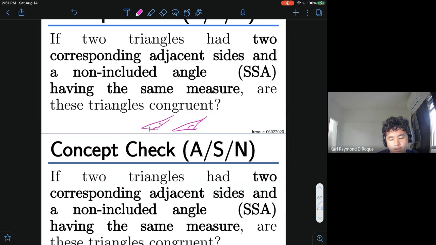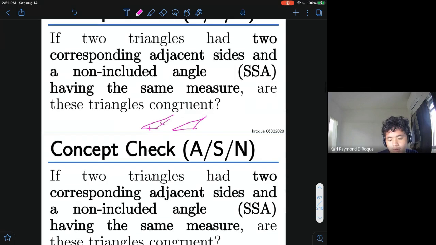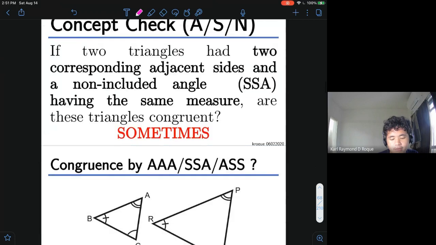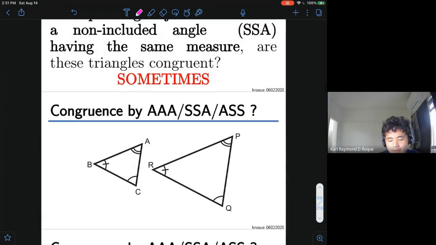Ito pala. What do you think? Always, sometimes, never? Yes, tama. Sometimes. Bakit? Example.